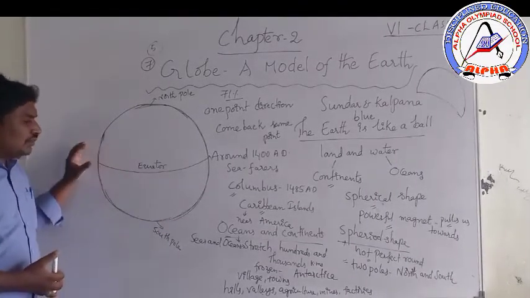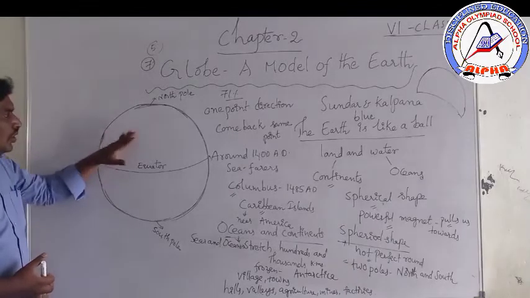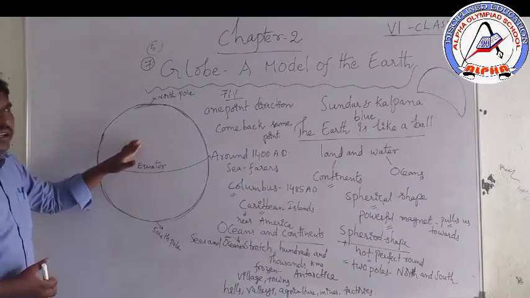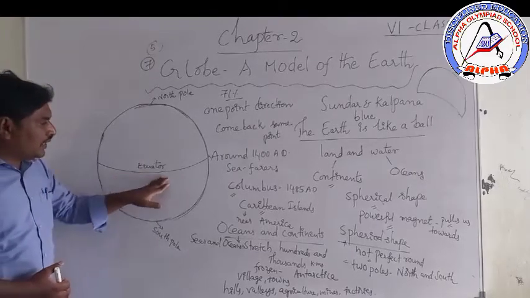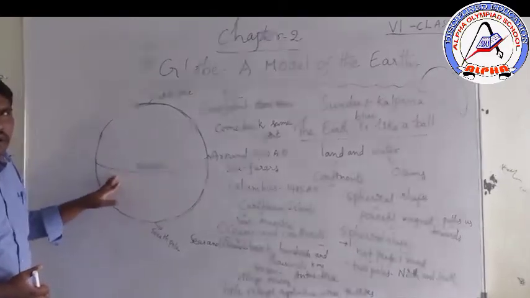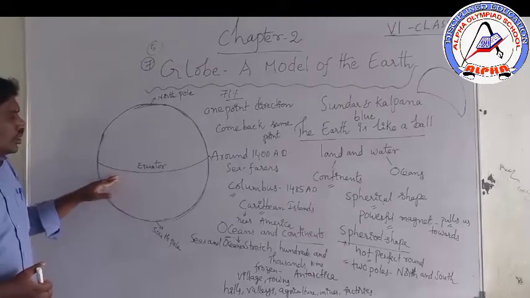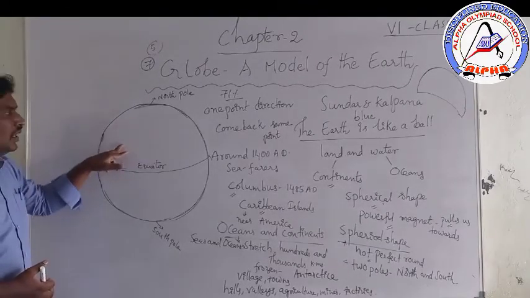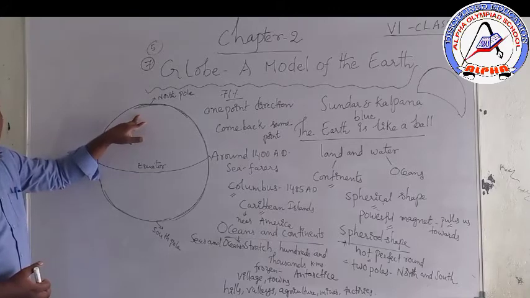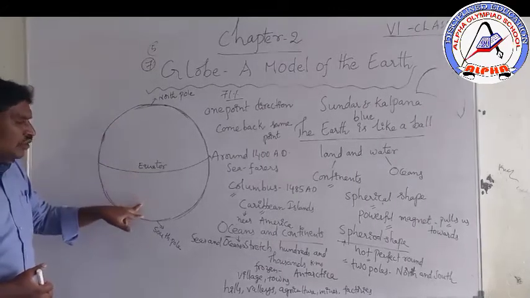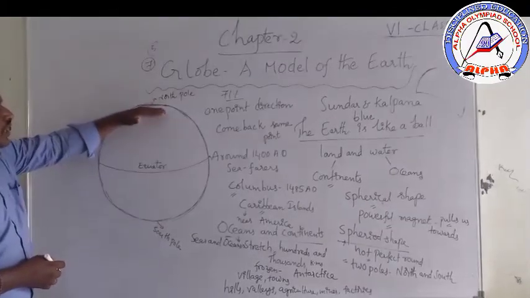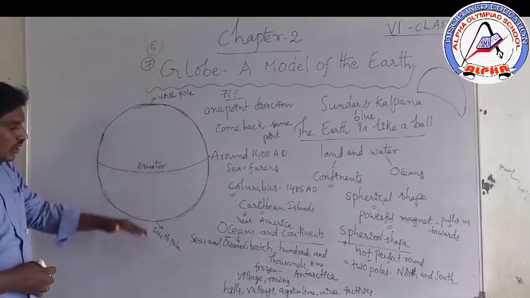If you observe this picture, this is a model of our earth. You know the equator is the middle of the earth. This is the biggest latitude. The equator divides our earth into 2 parts, 2 hemispheres: the northern hemisphere, from the equator to the north, and the southern hemisphere, from the equator to the south. There are 2 poles, the north pole on the north side and the south pole on the south side.